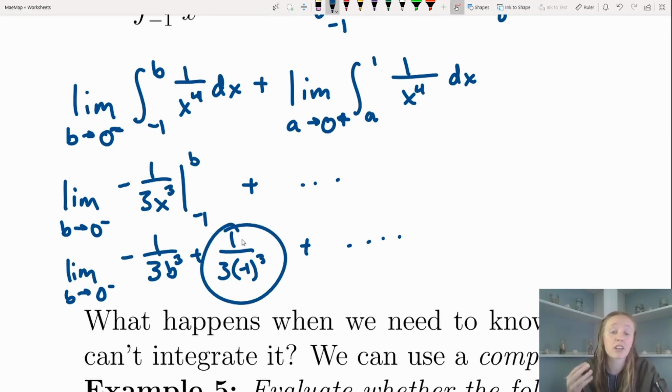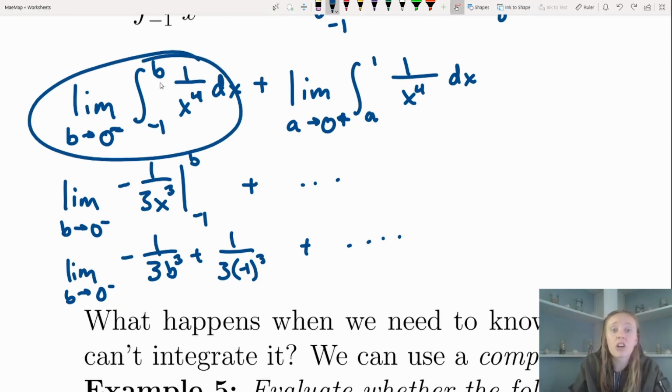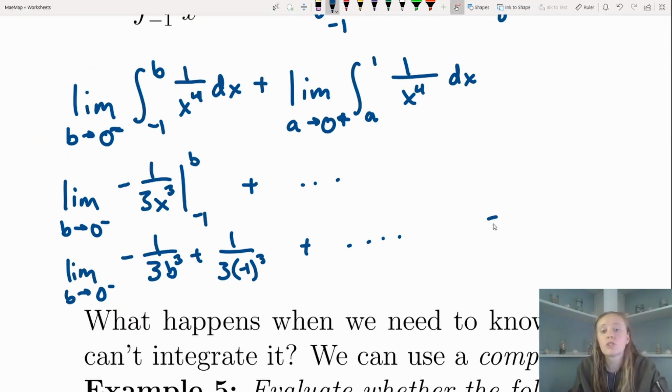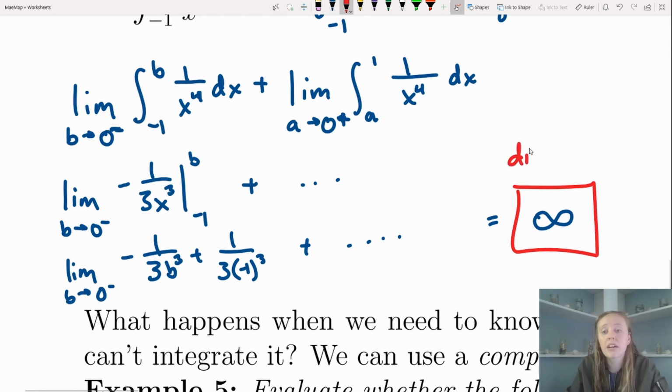So I don't even care about this constant that's added or subtracted from it. So that means that this limit also diverges. So overall, infinity plus some other infinity, we're going towards infinity. This integral in part B also diverges.